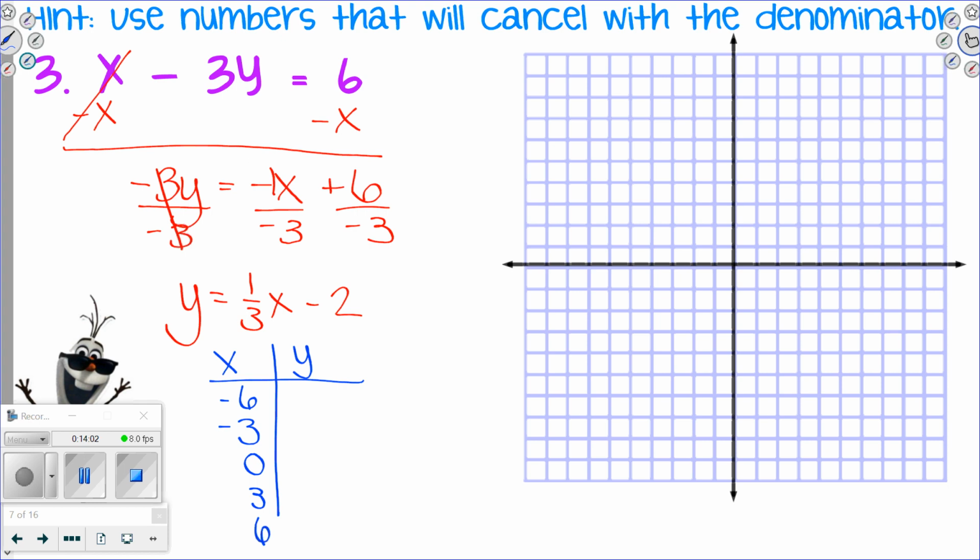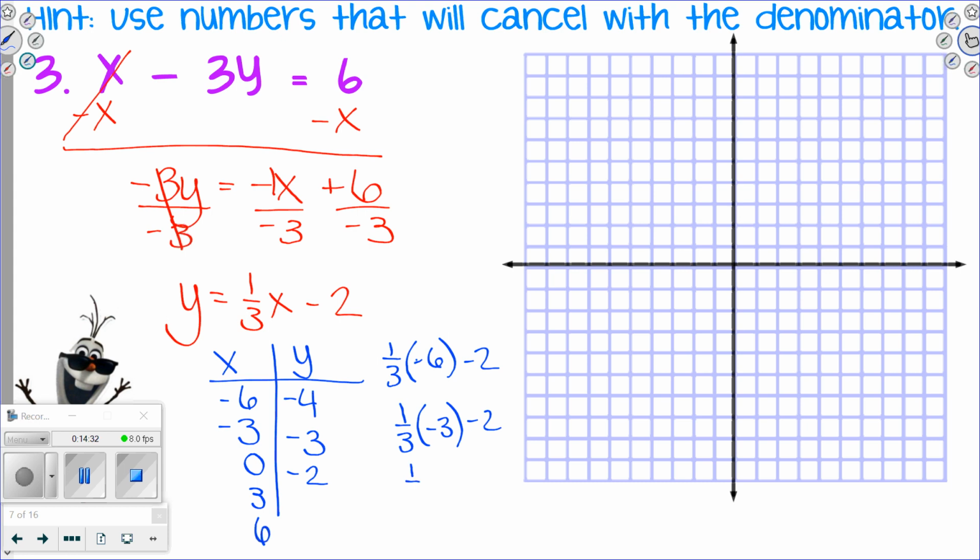All right. So if I plug in a -6, 1/3 times -6 minus 2. Good. That's -4. See, it helps me to avoid fractions here because it's harder to graph a fraction. If I plug in a -3, yes. Sorry, when you said -1, I'm like, no, that's not right. All right, if I plug in a 0, that's just -2.